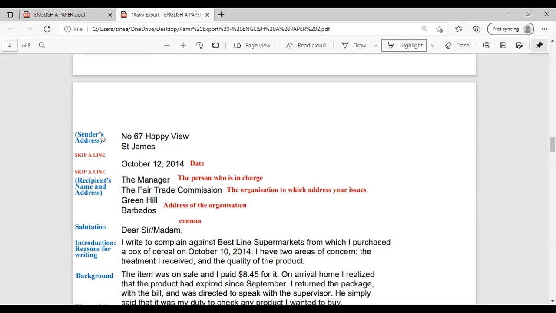So, the name of the person: write to the manager. Then you address the letter to the manager, and you put the organization, which is the Fair Trade Commission, and the address of the organization.